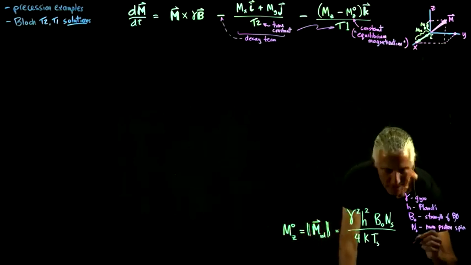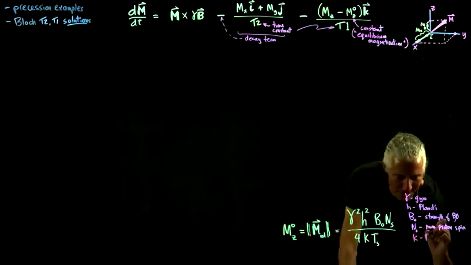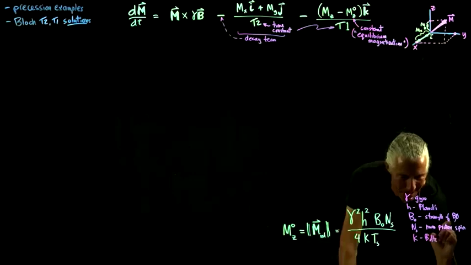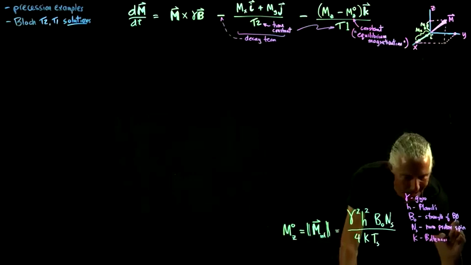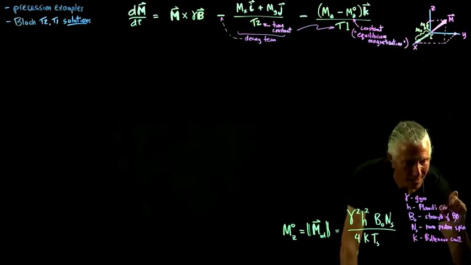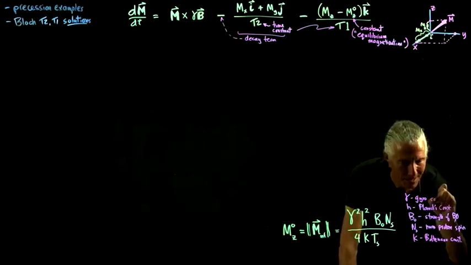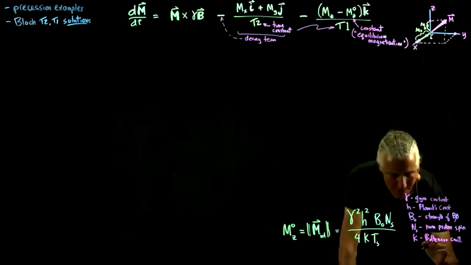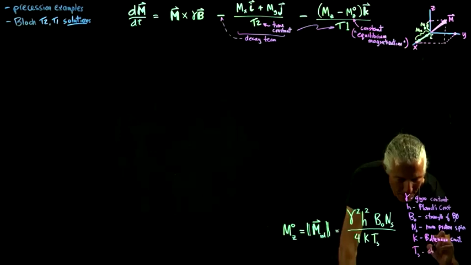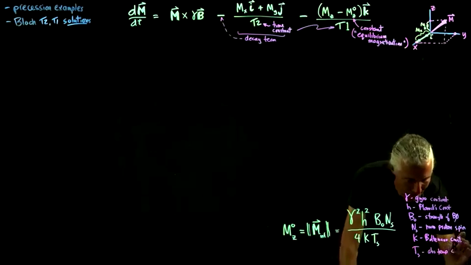So this is the Boltzmann constant. All those guys are constants: Planck's constant, the gyromagnetic ratio, and then the temperature, the absolute temperature of the sample.